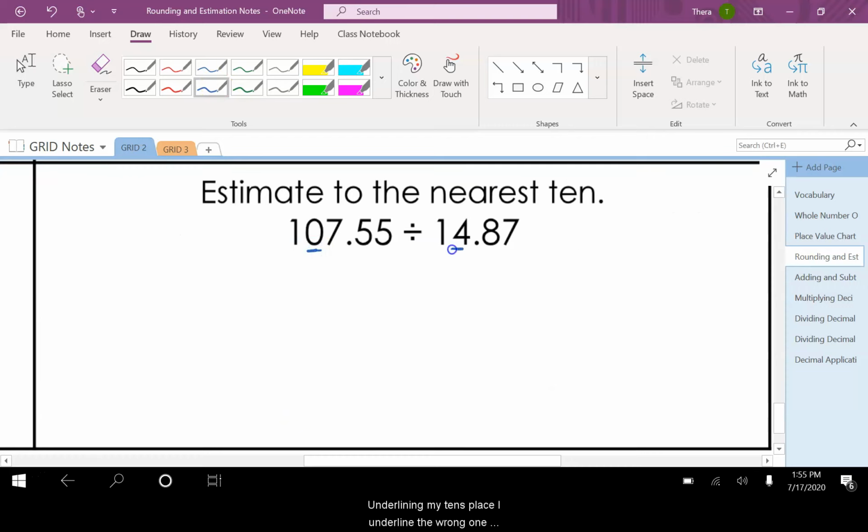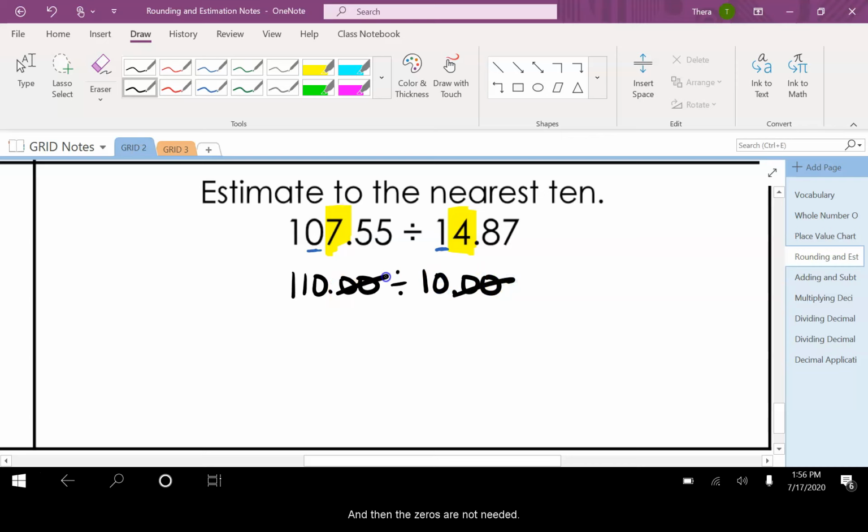Last one, estimate to the nearest 10. Underlining my tens place. Oops, I underlined the wrong one. But that's why we have erasers, and that's okay. I'm going to circle or highlight the number that I'm looking at. This 7 tells my 0 that it needs to move up, so that's going to become a 1. So we have 110 divided by that 4 tells the 1 to stay the same.